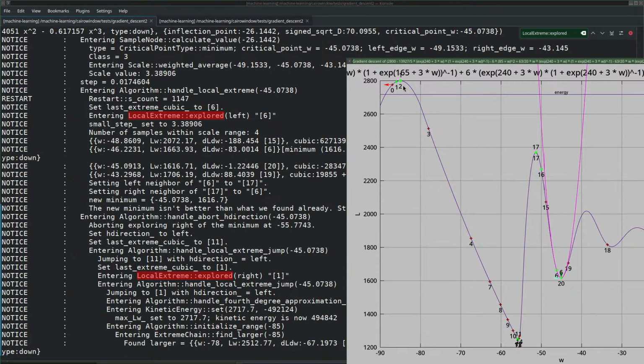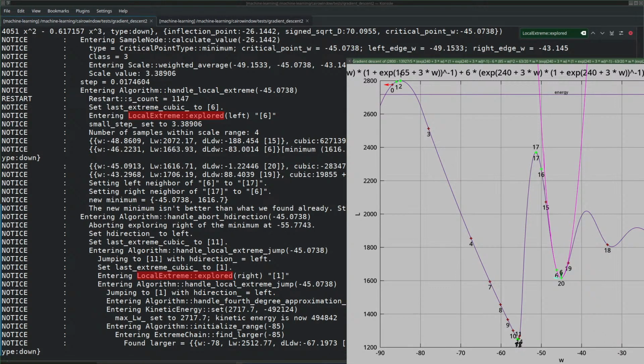Is that not a rule that we have? We find a new local extreme by exploring in the direction right from a previous extreme, and it is adjacent.